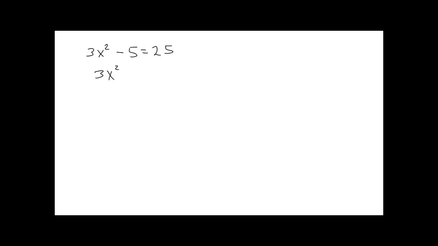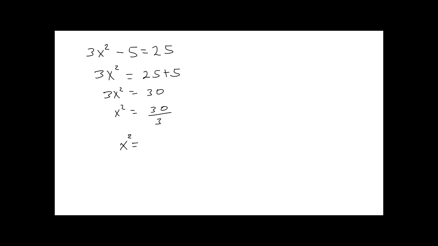In this case, the 5 is subtracting. Then on the other side, you will be adding 25 plus 5. Then 3x squared equals 30. And now the 3 is multiplying the x squared, so it will be dividing on the other side.